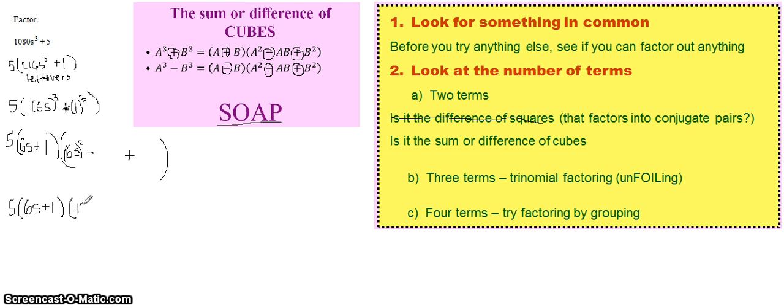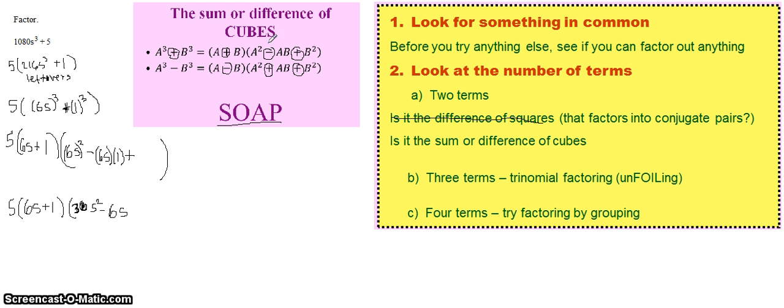So this would be 36s squared, because we squared the 6 as well as the s. Inside of our second spot we have A times B. If A is 6s and B is 1, then I take the 6s times the 1, which will be just minus 6s.